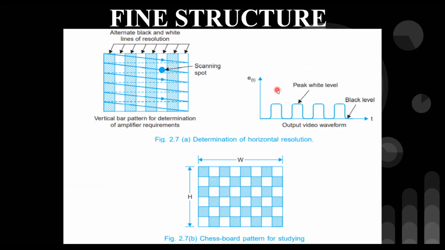So in the second picture, we are indicating the time versus magnitude of this electron beam. So electron beam magnitude is taken on the y-axis and the time is taken on the x-axis. So the output video is taken on the x-axis.